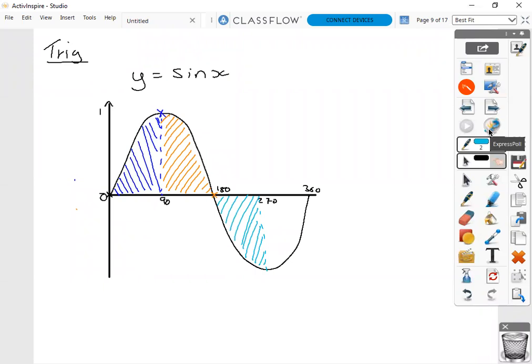sine x is going to be negative. Everything in there, sine 180, sine 190, sine 200, sine 210, they're all going to give us a negative answer.